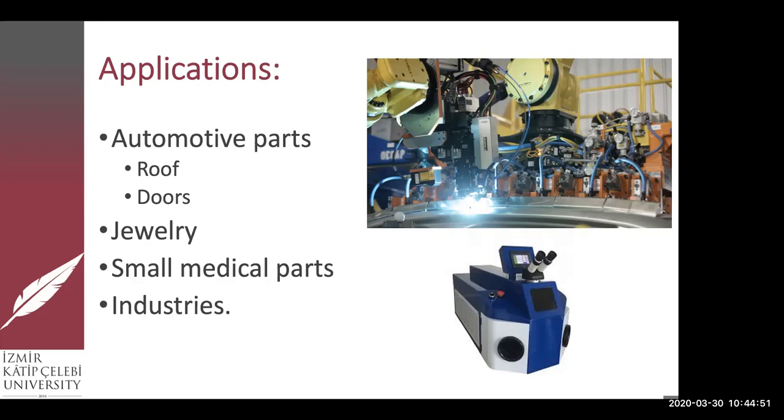We could use it also on jewelry and some medical parts, as we could see in the lower picture. This is a machine that does welding for some rings or for some really tiny parts, tiny medical parts. It is also being used in some industries for big parts that are going to be welded.